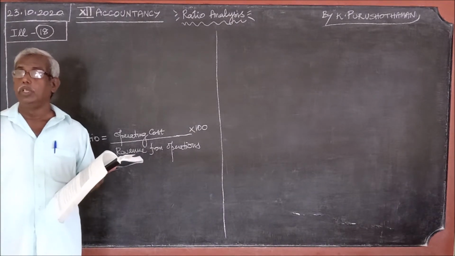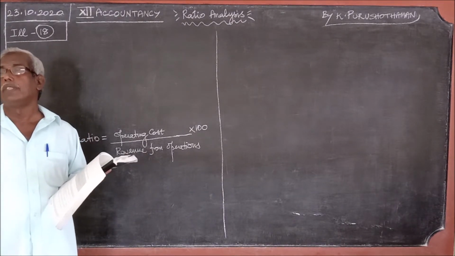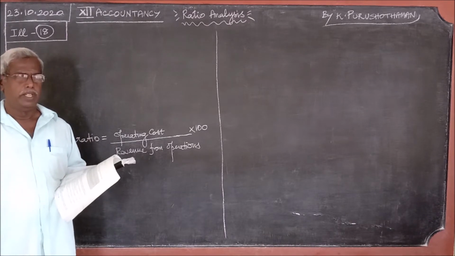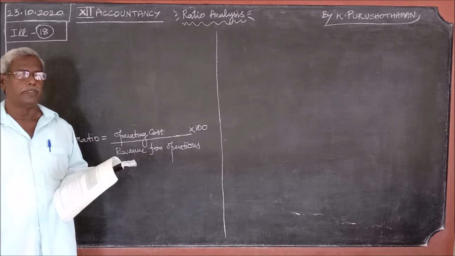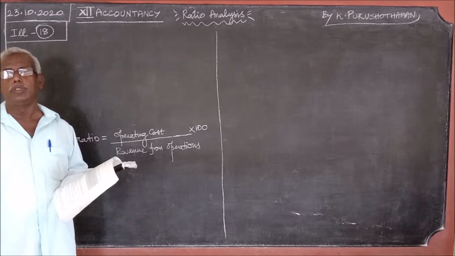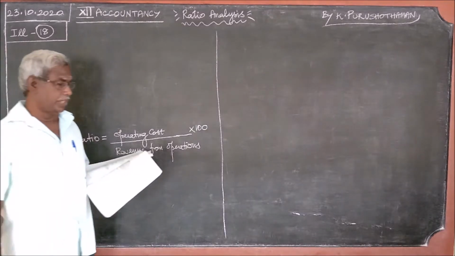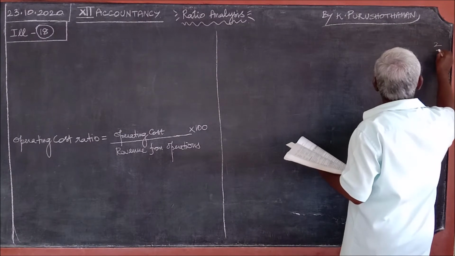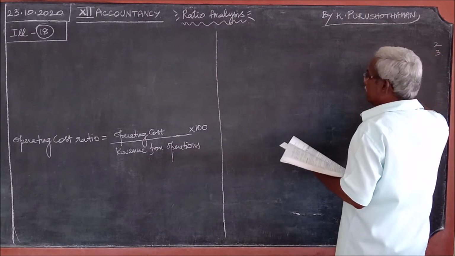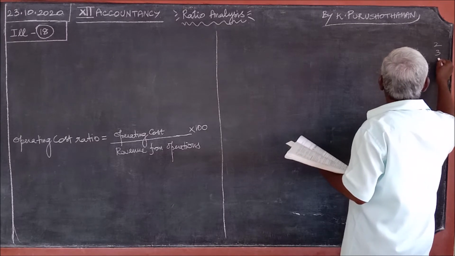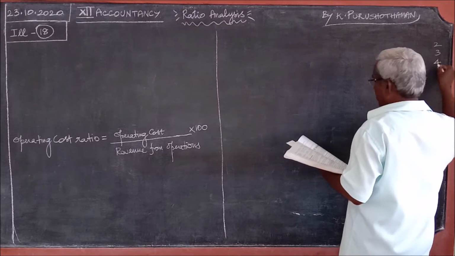First type I told you, liquidity ratios. Second type, long-term solvency ratios, under which we have seen 3 already. First type, liquidity ratios, is 2. Then second type, long-term solvency ratios, is 3. The third type, turnover ratios, under it we have seen 4.